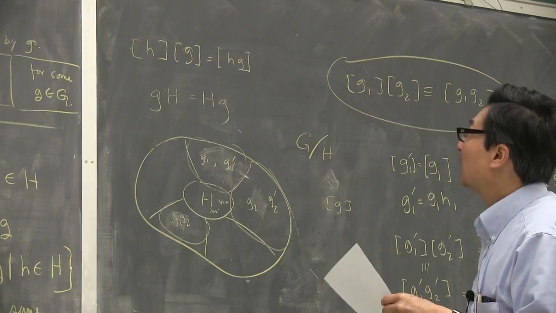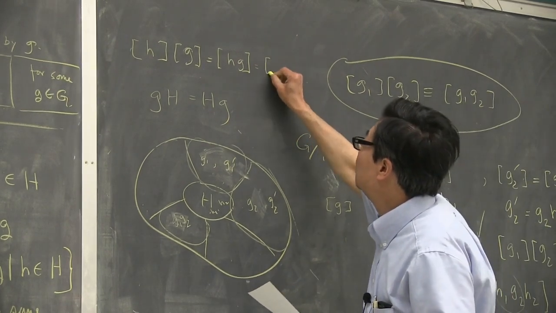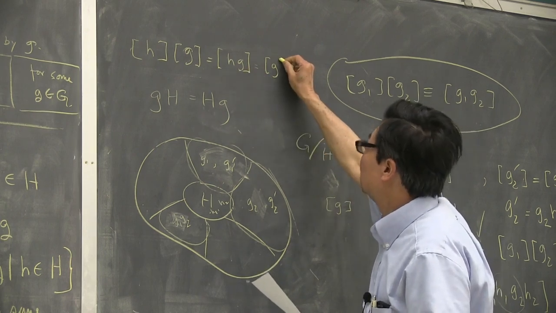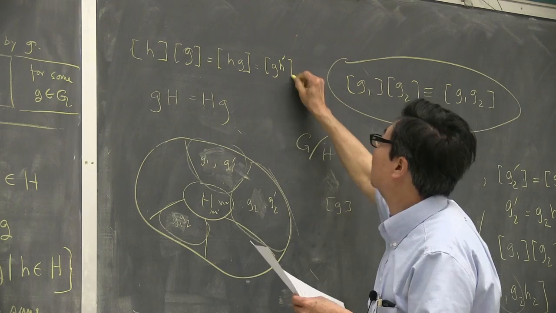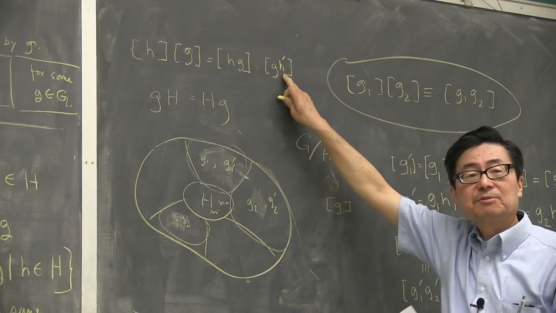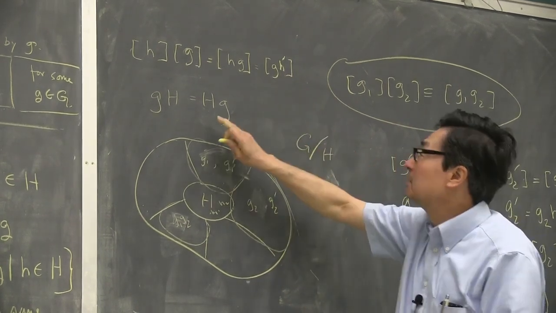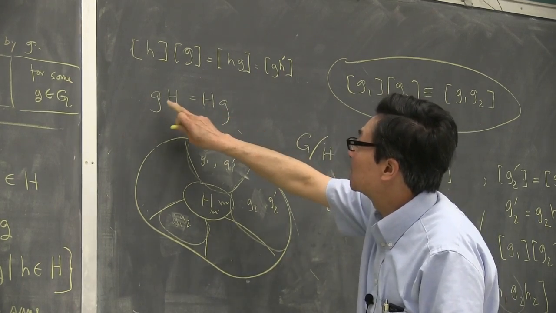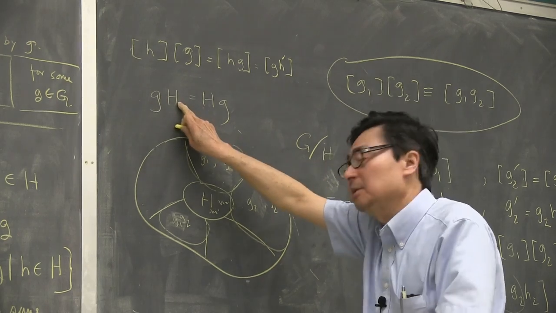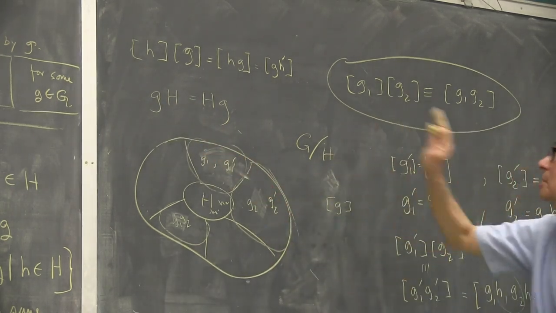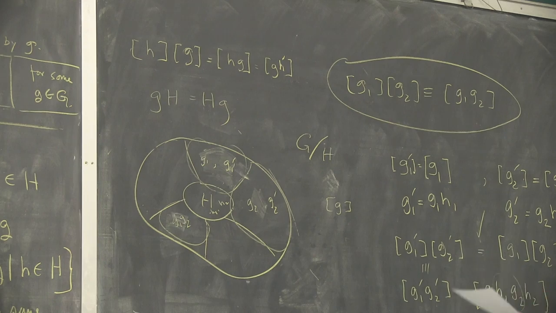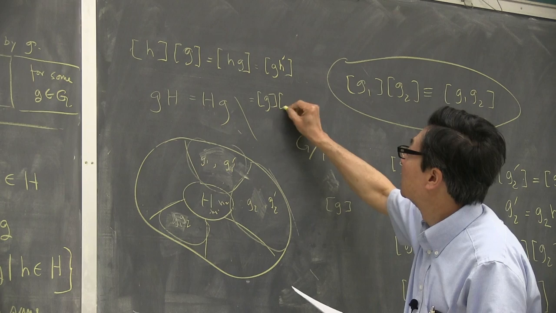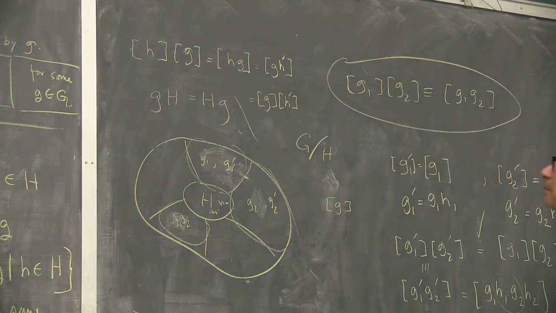Okay? But by invariance, again, Hg itself must be equal to Gh prime for some other, in general, for some other group element inside of H, right? So some element in H times G is equal to the same element in G multiplied by some other element in H, okay? So this is what that says. And by group multiplication, I can break this down into G, H prime, okay?